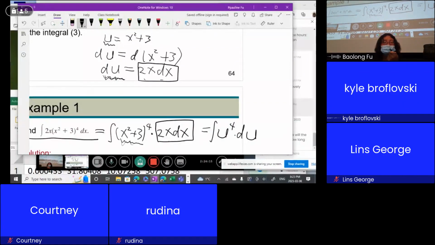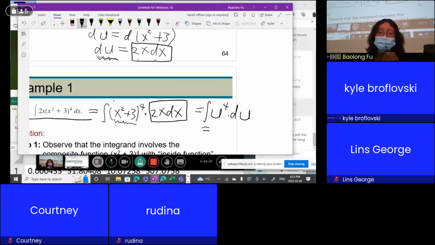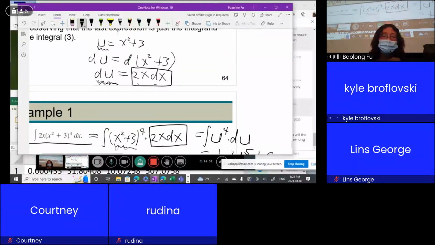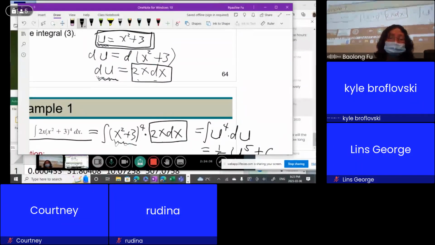And now it becomes simple, okay? And we all know this. I will just speed up. This one is u raised to power 5 over 5, plus c. And then plug back u. What is u? u equal to x squared plus 3.